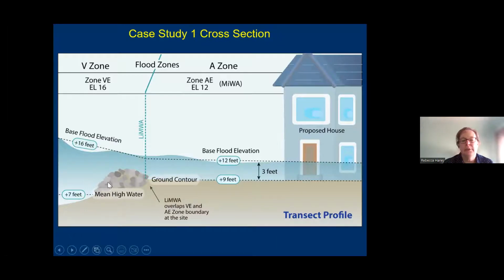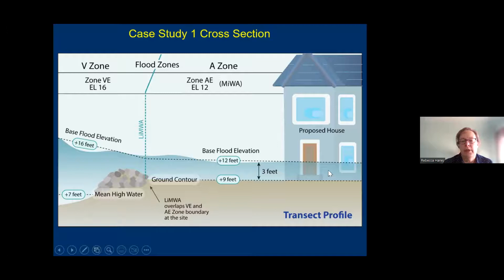So the revetment does break the waves to a point, but the moving water coming across the site, we know that that's 3 feet deep because the base flood elevation in the A zone is 12 feet and your ground elevation is 9 feet. So we got that information, this from the flood insurance rate map and this from the ground survey. And the analysis would be a little more complicated if it wasn't a flat site, but we're going to use a flat site as an initial example.